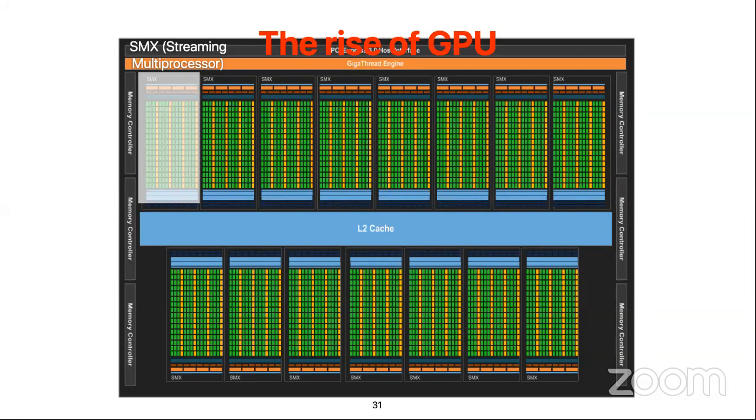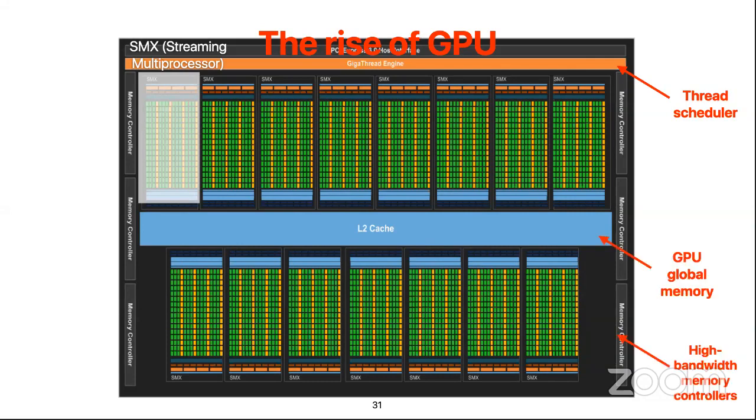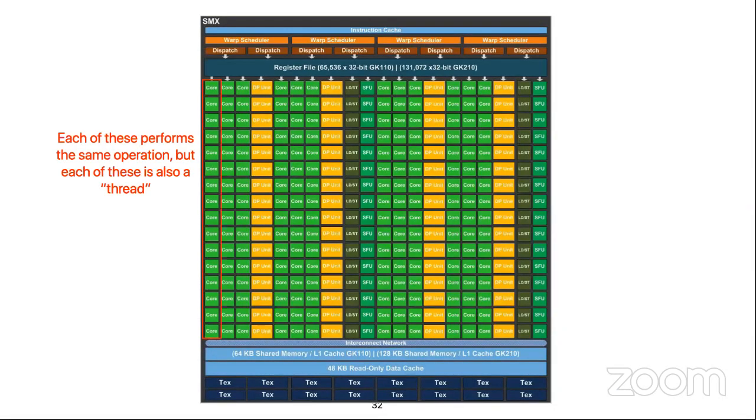Each GPU contains 13 streaming multiprocessors, and each streaming multiprocessor is essentially 192 slow single cores. So you can imagine that your GPU is actually a processor with 2,000 cores.